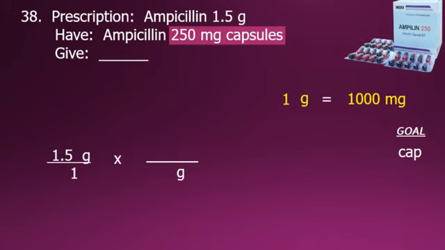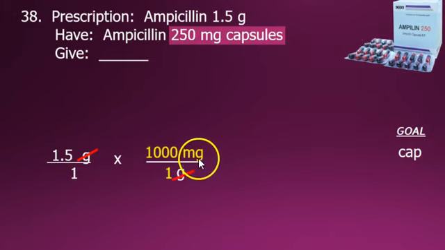The relationship between grams and milligrams is that 1 gram is equal to 1,000 milligrams. Placing the grams in the denominator and the equivalent value of 1,000 milligrams in the numerator gives us a special 1. Multiplying by 1 does not change a value, but in this case will allow us to convert from grams into milligrams.